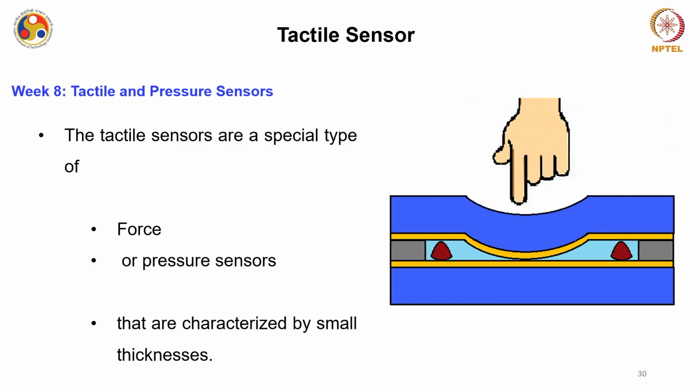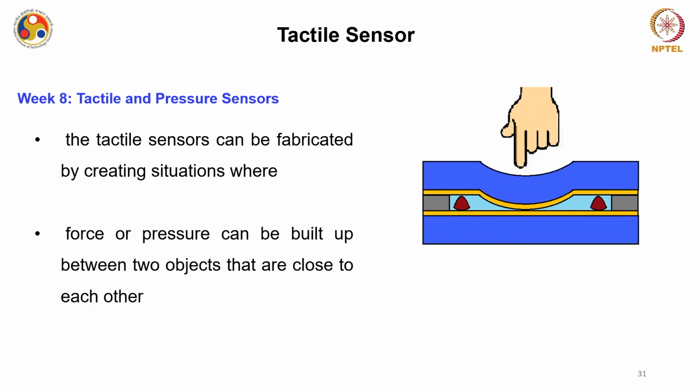These sensors were a specific type of force or pressure sensor with very thin layers of material or receptors. They can be fabricated by creating situations where force or pressure can be built up between two objects that are close to each other.